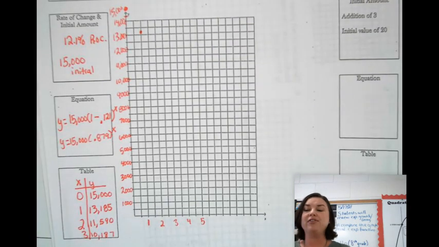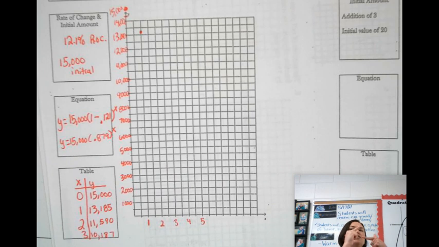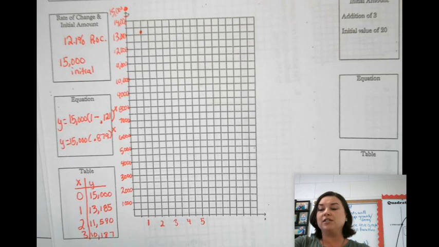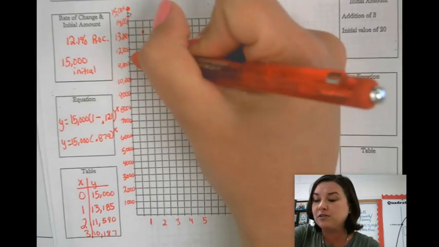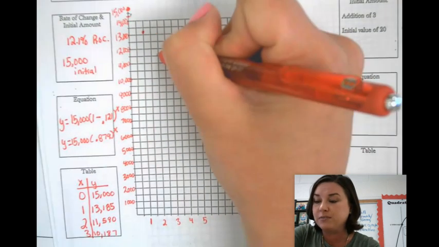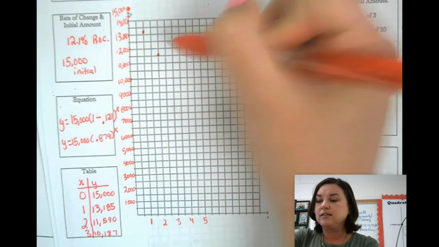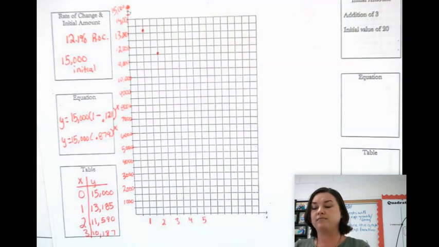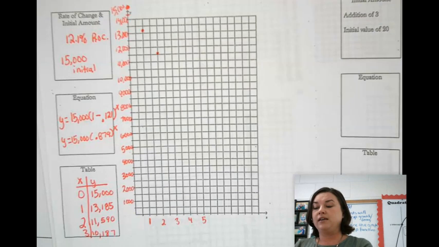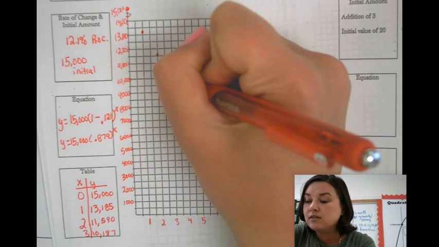And when I get to 11,590, isn't every tick mark really $500? So I really need to go up when I get to this 11,000 right here. I actually need to go up to the 11,500 to put a little bit past it. And then 3 is at 10,187.